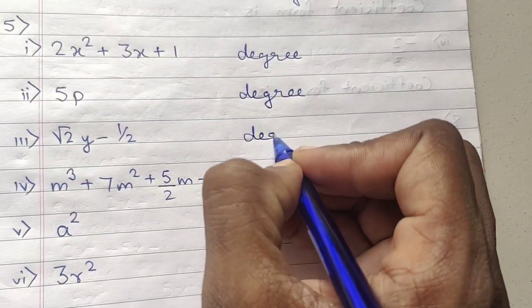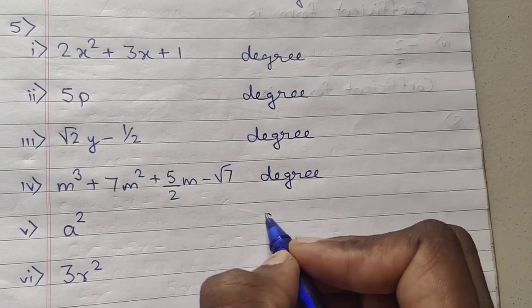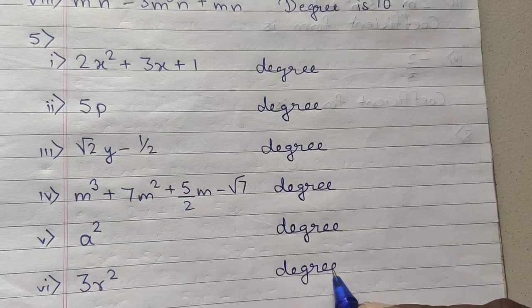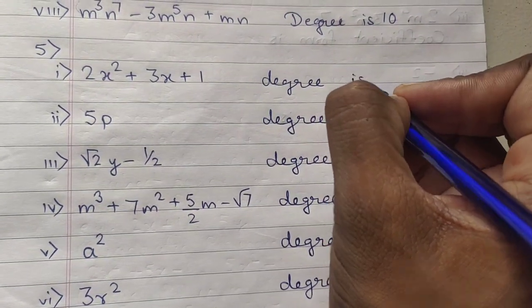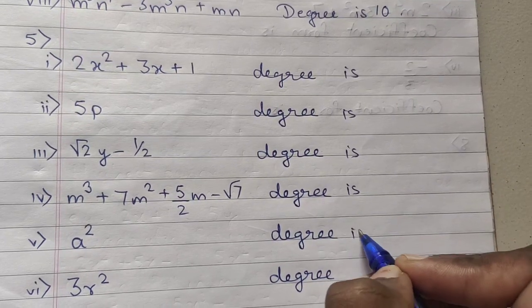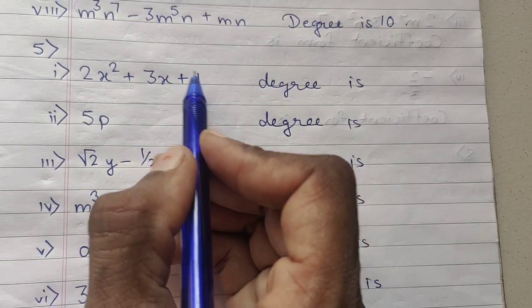So let us see, write the degree of each of the polynomials, then we can easily understand which one is linear, quadratic, or cubic. Okay, so let us write the degree first. Now see, in this example, what is the degree? 2.